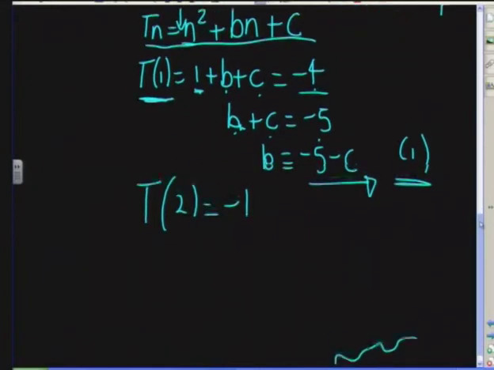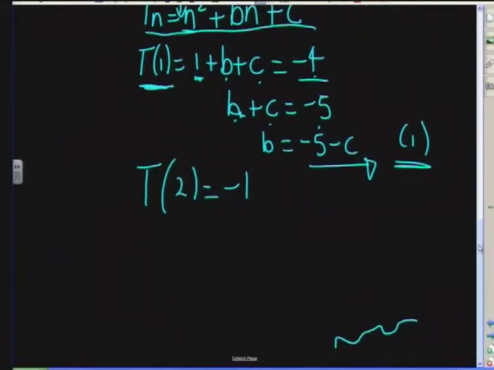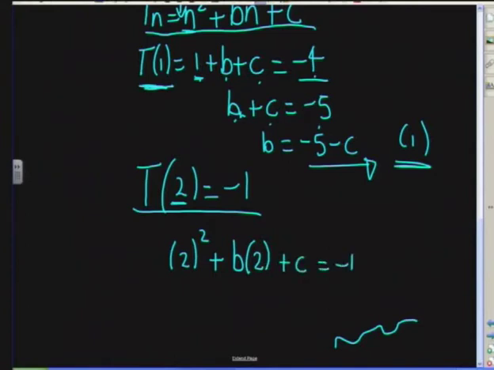Then we're going to use the fact that term 2 is equal to minus 1 to give us the second equation. So wherever there is an n, I'm going to put in 2. So I'm going to get 2 squared plus b times 2 plus c is equal to minus 1.